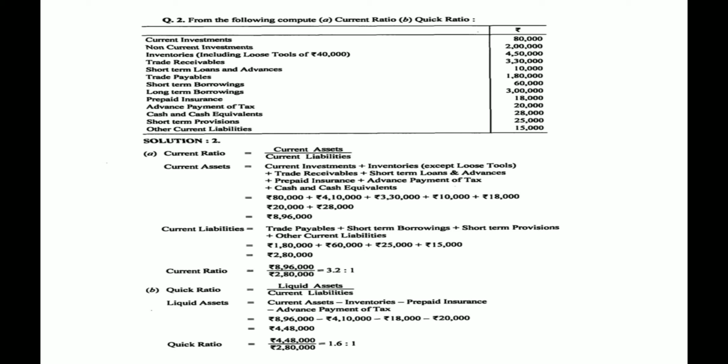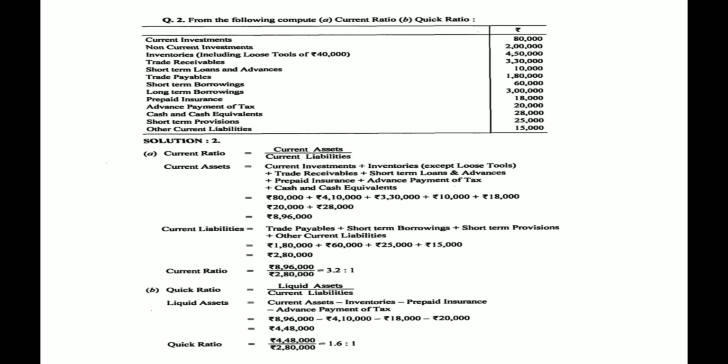Now how to find the quick ratio? Its formula is liquid assets upon current liabilities. Liquid assets are those assets which can be quickly changed into cash. In an emergency we use liquid assets. So you deduct from current assets the inventories, prepaid insurance and advance payments of tax.